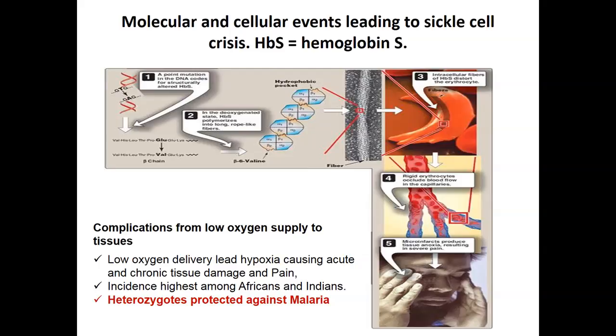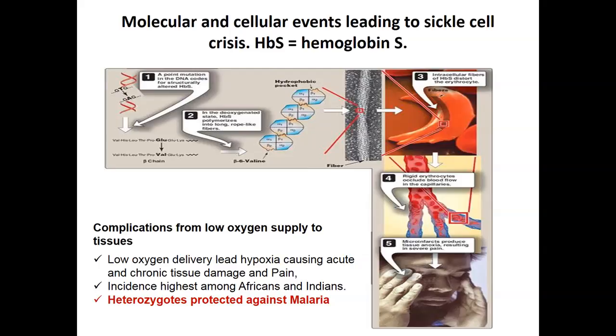The polymerization happens because the valine, being hydrophobic, does not want to be in the water. So as a reason, it tries to hide away from the water, and it finds a pocket in another hemoglobin and forms this polymer.